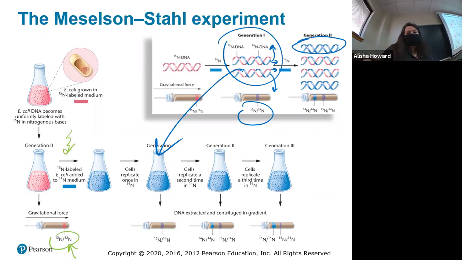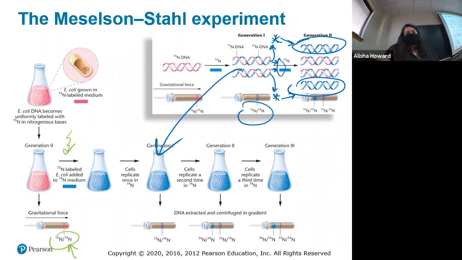That means you're going to have two complete blues, from this one up here and this one down here. Remember, it's still in the N14, the blue lighter weight nitrogen, and it's using that to build all the nucleotides. So it's still adding a blue strand when it goes through replication.